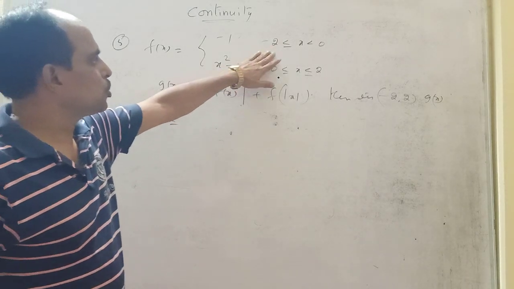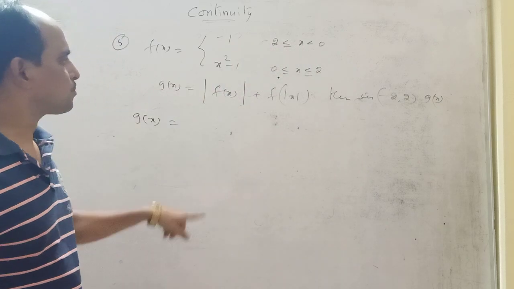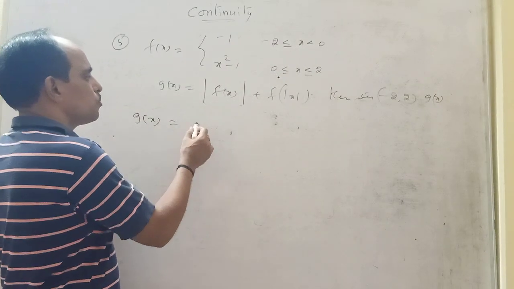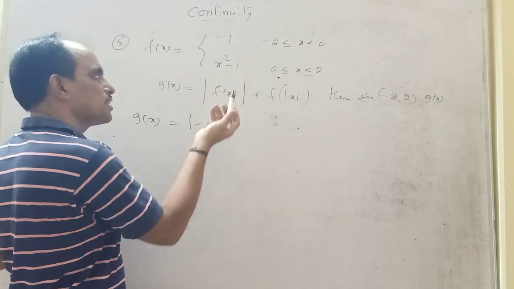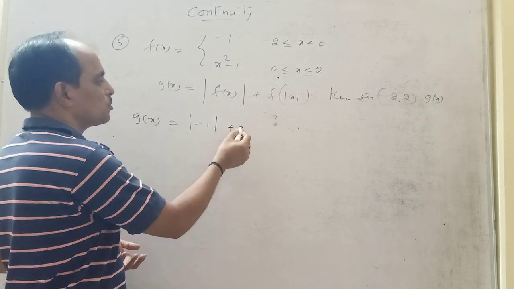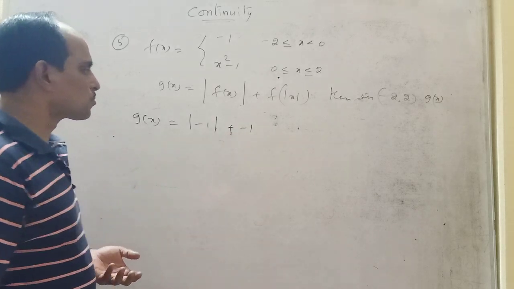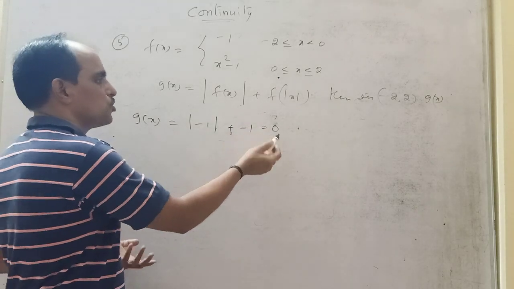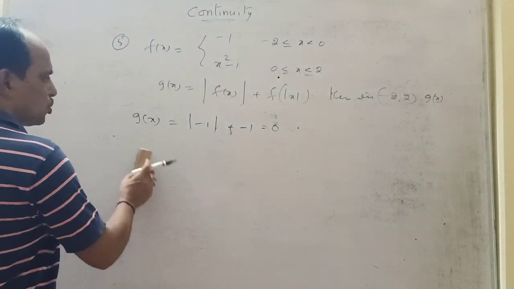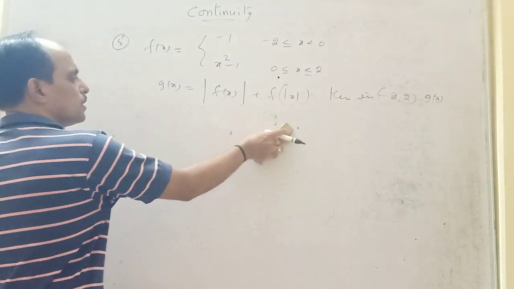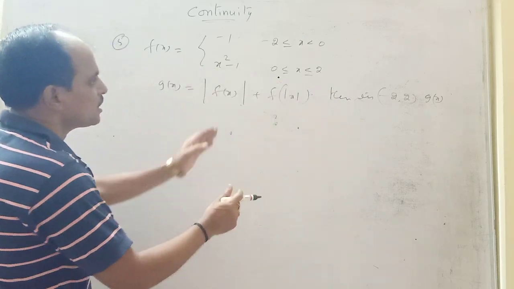From minus 2 to 0, the function is minus 1. So modulus of minus 1 plus f of mod x, which here is minus 1 only. So we have to write 1 minus 1, that becomes 0. So that will be the same, 0. Remember this answer, that is 0. Then what happens in between 0 to 2?